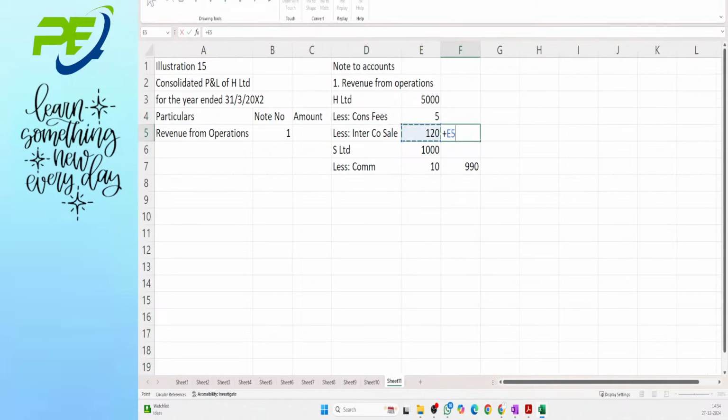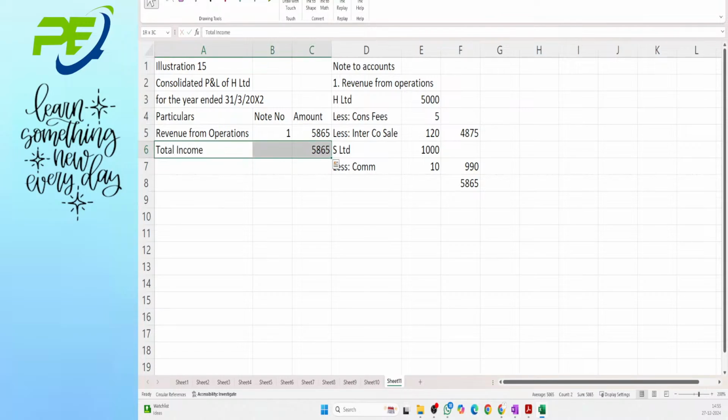So it is 4875 and total 5865. Yes. So that is revenue from operation. Luckily, there is no other income. So total income will be same, 5865. Can I continue?